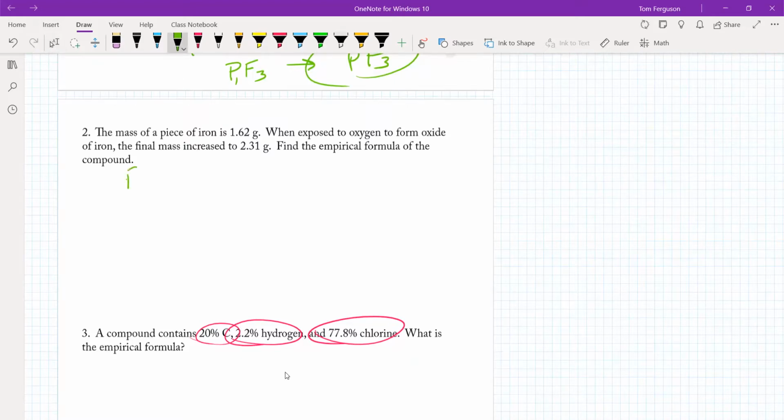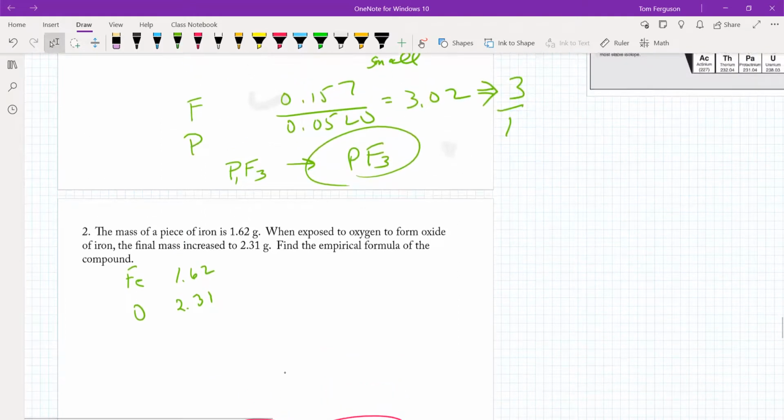Okay, so we have iron and oxygen. We want to find the empirical formula. Again, because we're doing this here, this is the empirical.